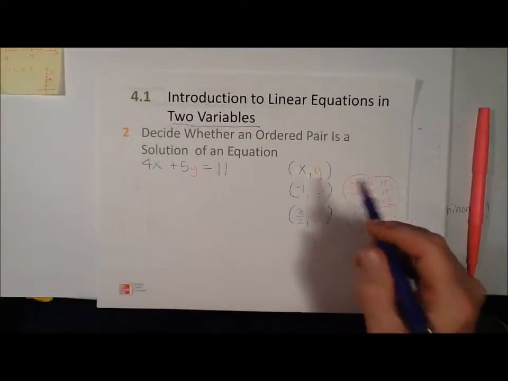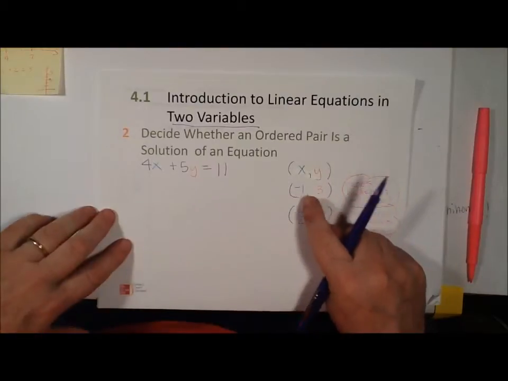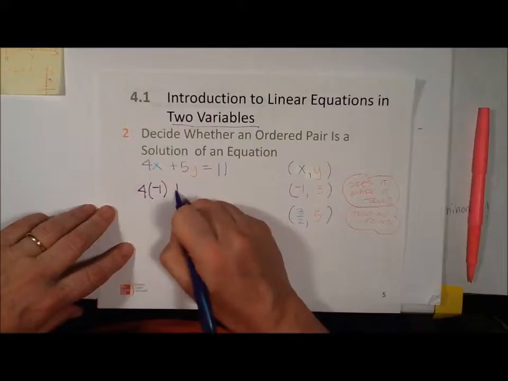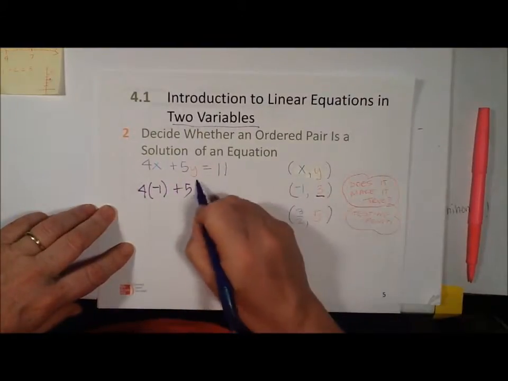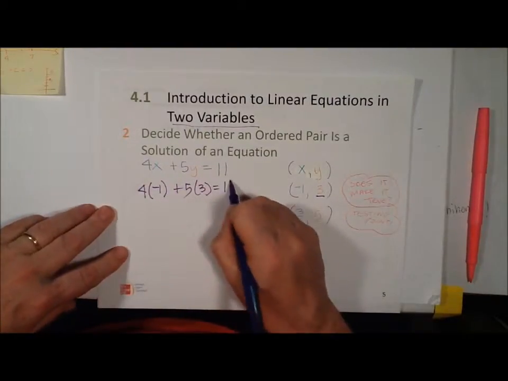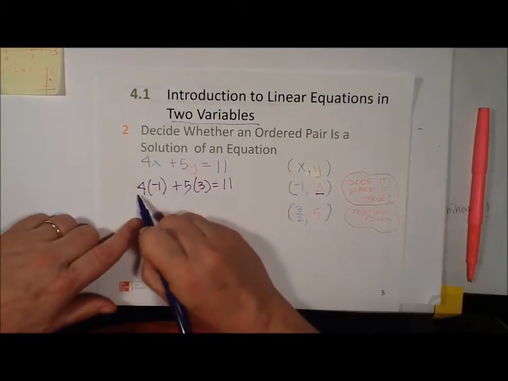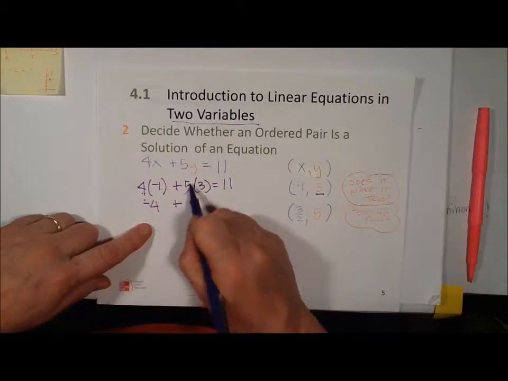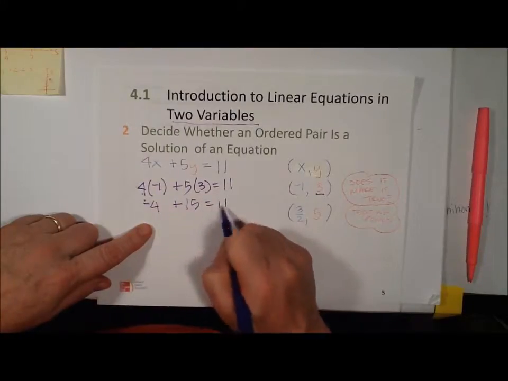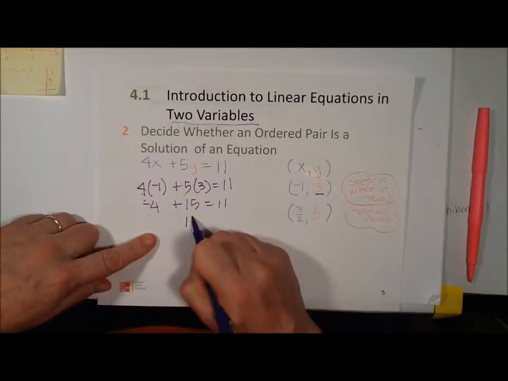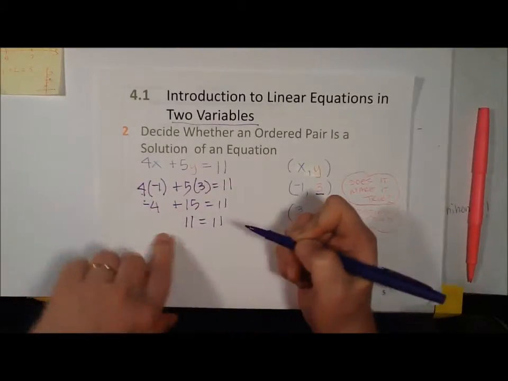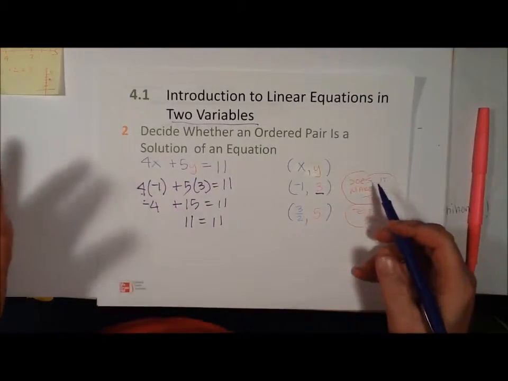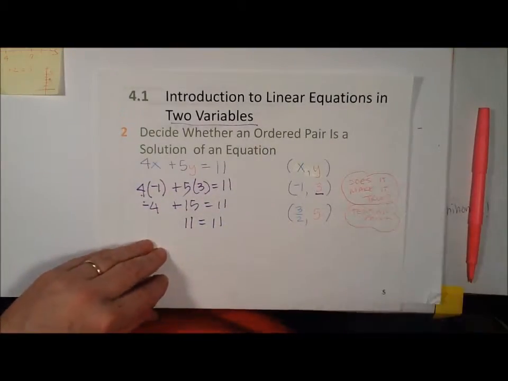And to do that, I'm going to use this value and plug it in for x. So I have 4 times -1 plus 5 times 3. And we have to see, does that make 11? So this will be 4 times -1 would be -4 plus 15 equals 11. And indeed, that does make that true.